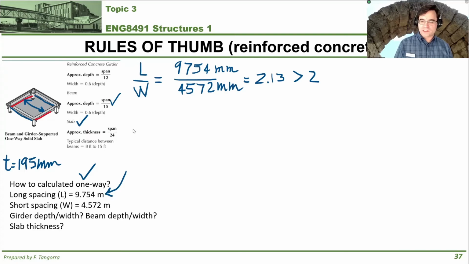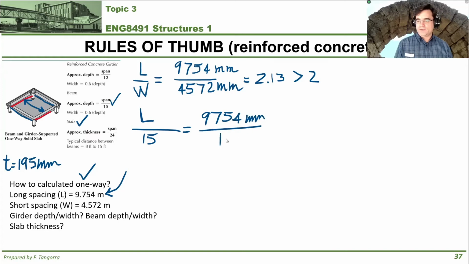So 9,754. So it's going to be, in this case, length divided by 15. So that's going to be 9,754 millimeters divided by 15.